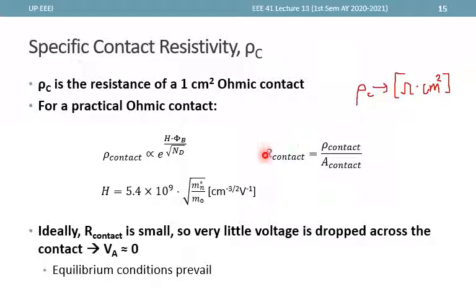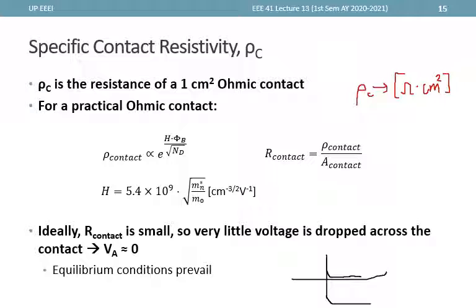Now if we aim for a very small resistance, then there will be very little voltage drop across the contact, such that VA is approximately 0 even if we pass a large current through the contact, meaning the properties of the material can be approximated by their thermal equilibrium value, since the voltage drop is only very small most of the time.